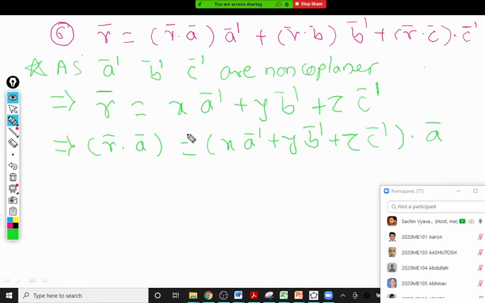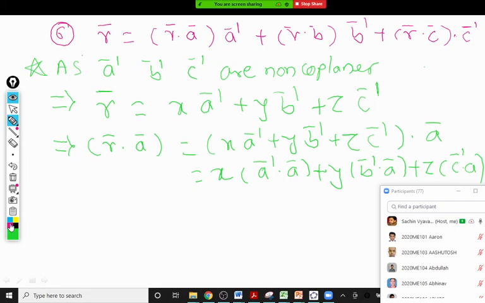We just took dot a on both sides. Now you'll observe the dot comes inside. Scalars remain as they are, x is a scalar, and the dot goes between the vectors a dash and a. So we get x a dash dot a plus y b dash dot a plus z c dash dot a.